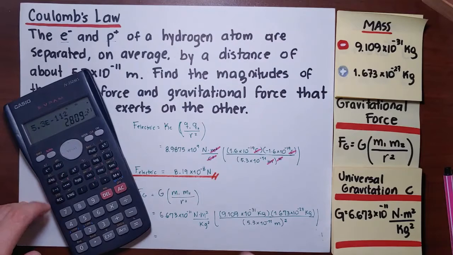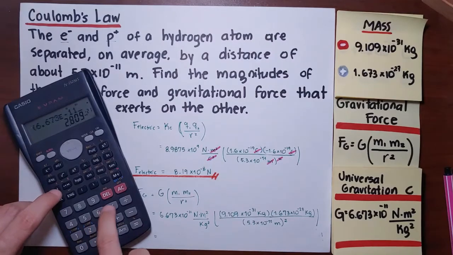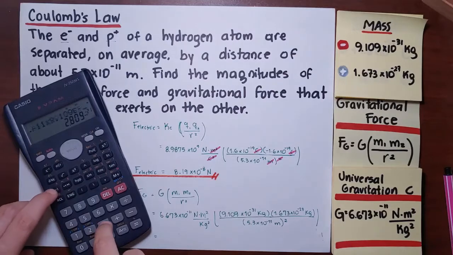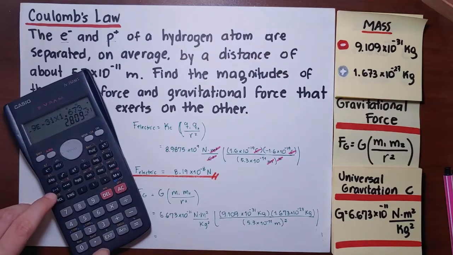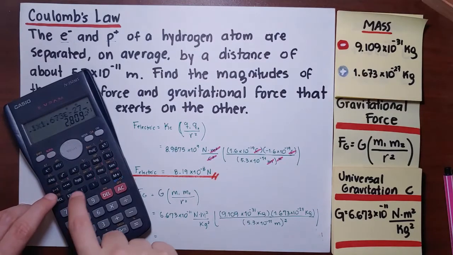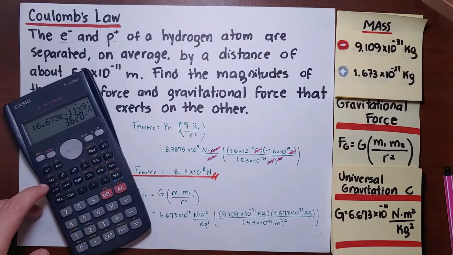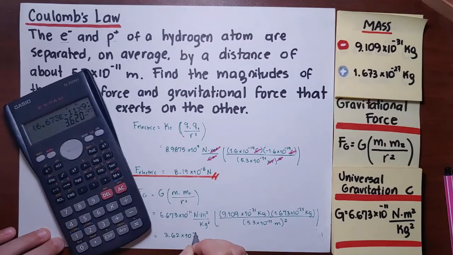I get my answer, and then I will multiply everything. 6.673 exponential negative 11 times 9.109 exponential negative 31 times 1.673 exponential negative 27, close parenthesis, divide by the answer. 3.62 times 10 to the negative 47.